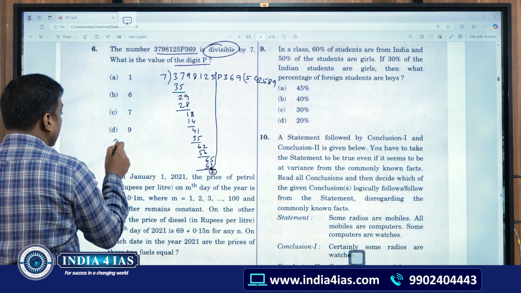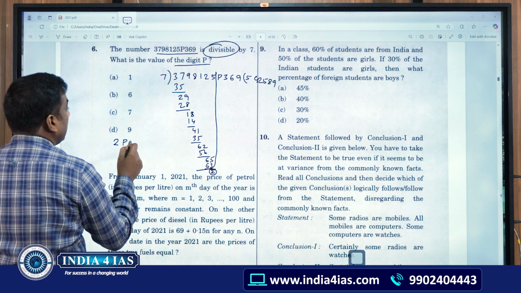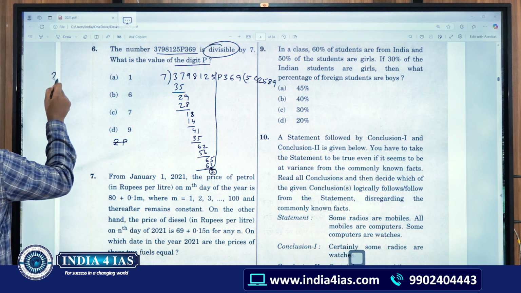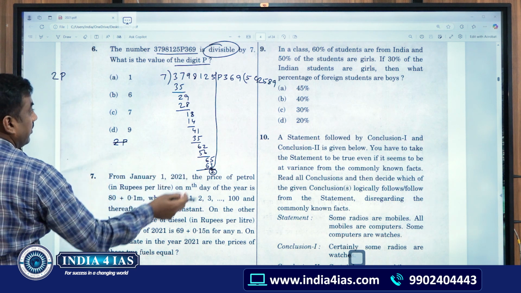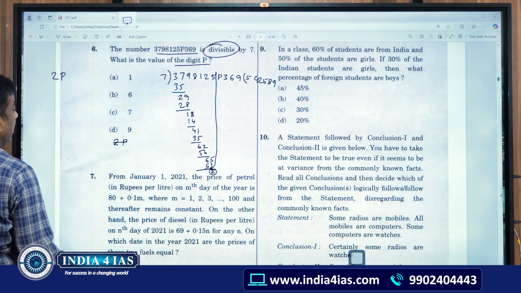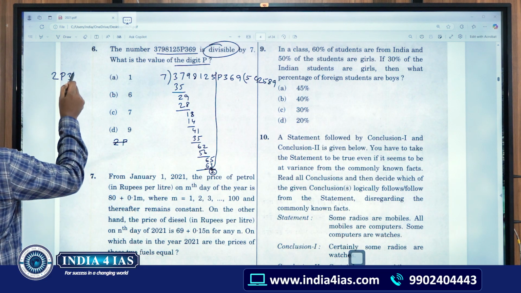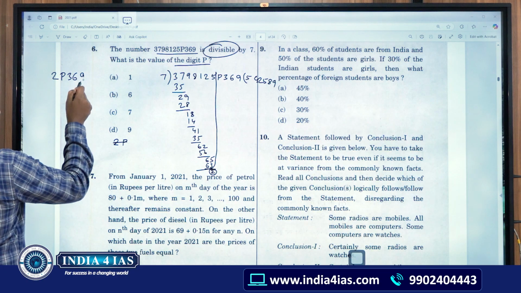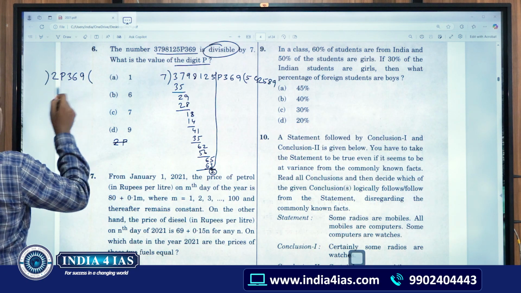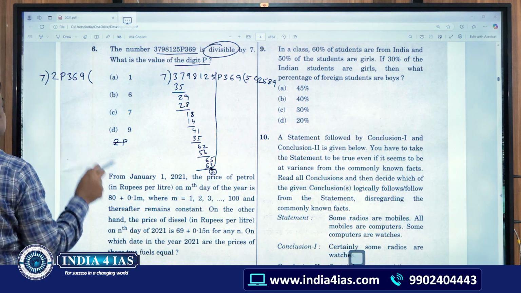So for 2p, I'll take this 2p because the remaining remainder is 2. Now the new number that I am trying to divide is 2p369.